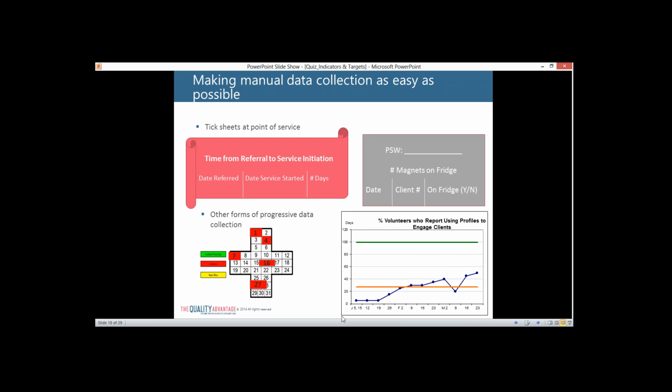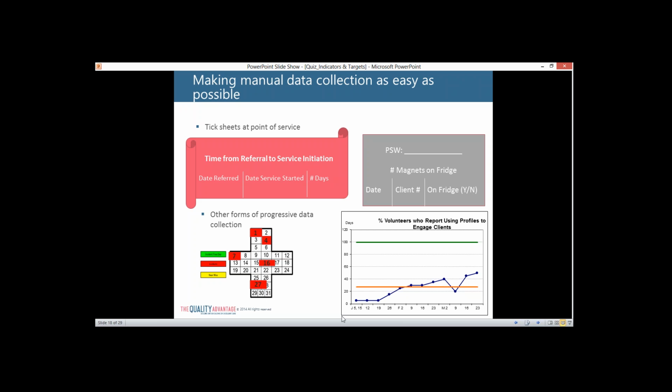I've only colored in the red squares for demonstration purposes, but a number of teams who use this also use green for an incident-free day and yellow for a near miss, meaning it occurred but it didn't result in any harm at all. The chart on the bottom right is what we call a run chart.